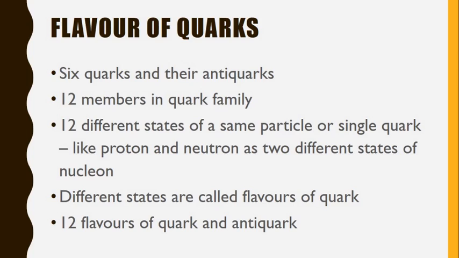So there are altogether 12 flavors of quark and antiquark. The 6 quarks plus 6 antiquarks form the 12 members of a quark family, and these 12 members can be considered as the 12 different states of a single quark, called flavors of quark.